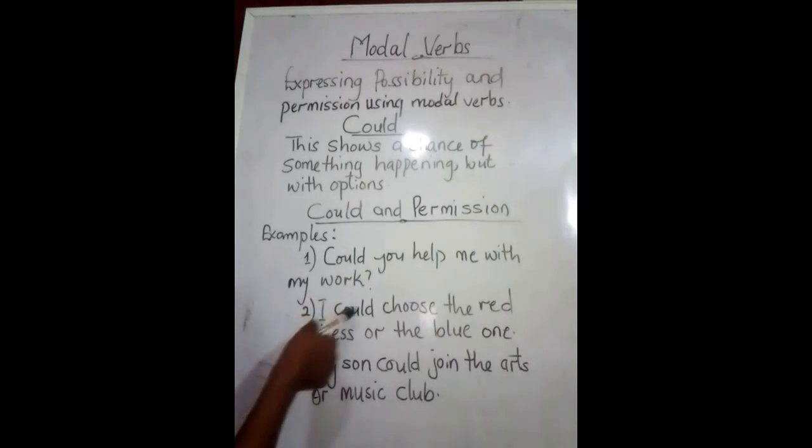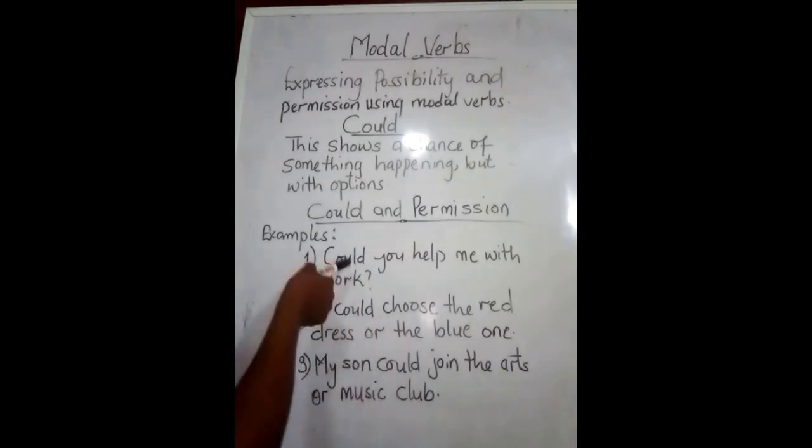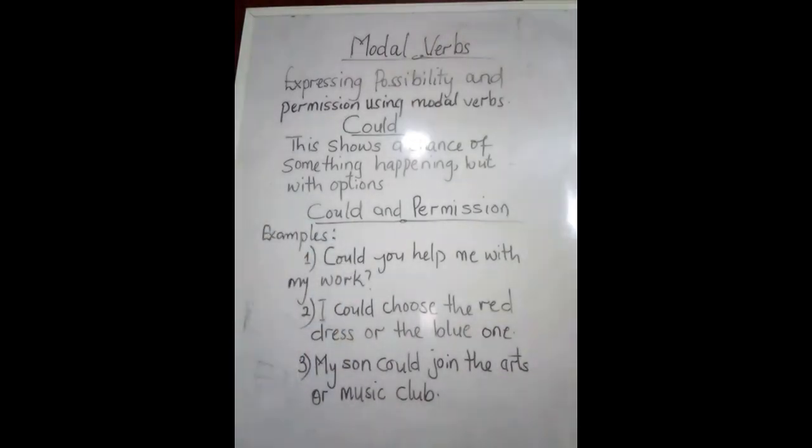So examples 2 and 3 are cases where the use of could in expressing permission highlights a case of an event having options, whereas example number 1 is a direct way of asking for permission.